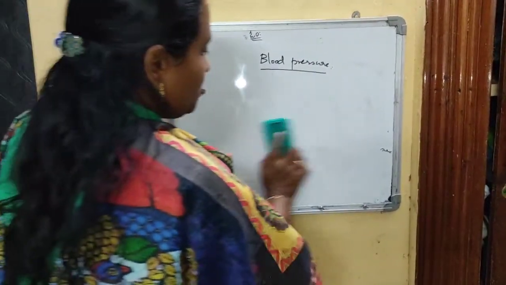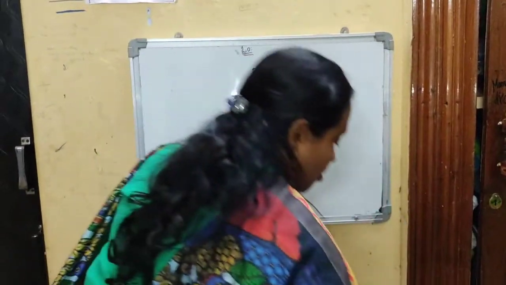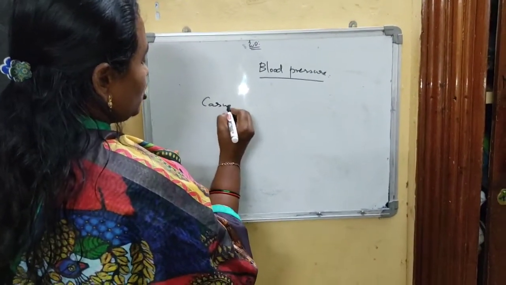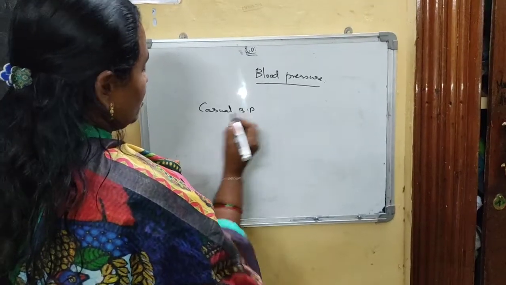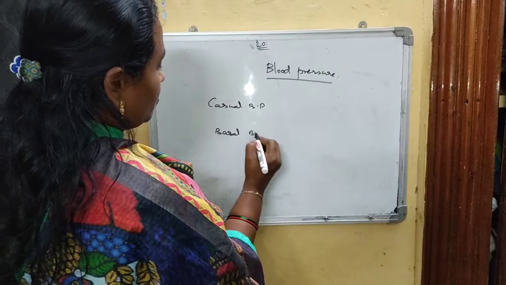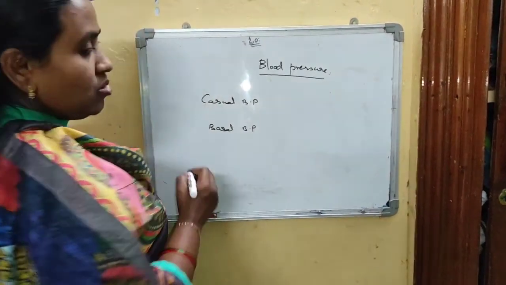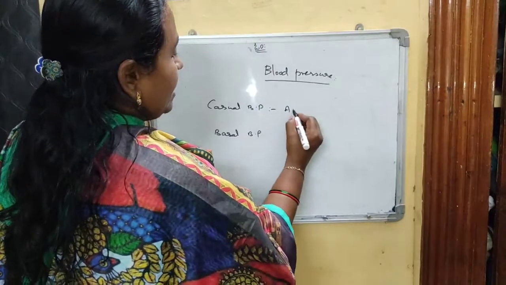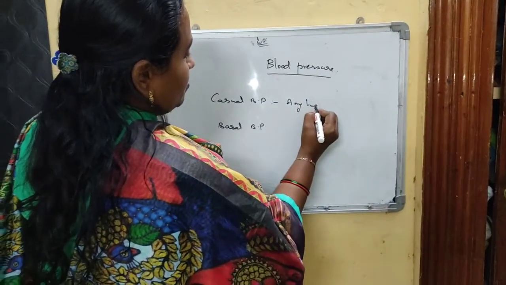Two other types of blood pressures which we come across are casual blood pressure and basal blood pressure. Casual blood pressure is the one which is recorded at any time of the day.